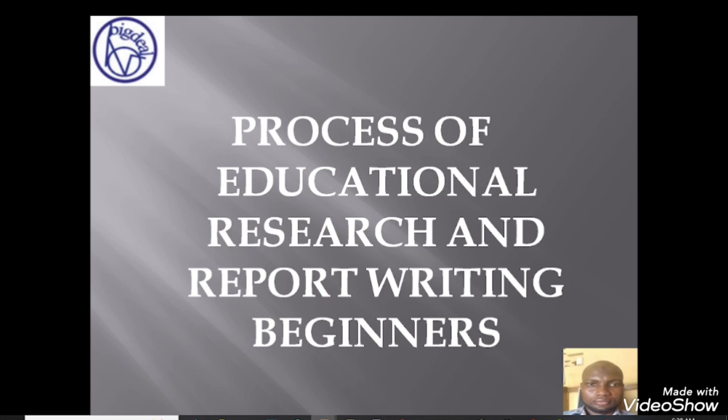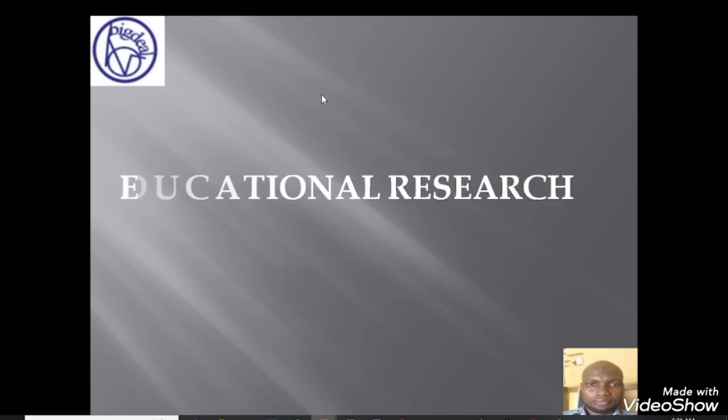It helps improve teaching, learning, and school policy using evidence-based findings. Systematic study: educational research follows a structured and organized approach using methods like experiment, survey, and observation. Study of education.